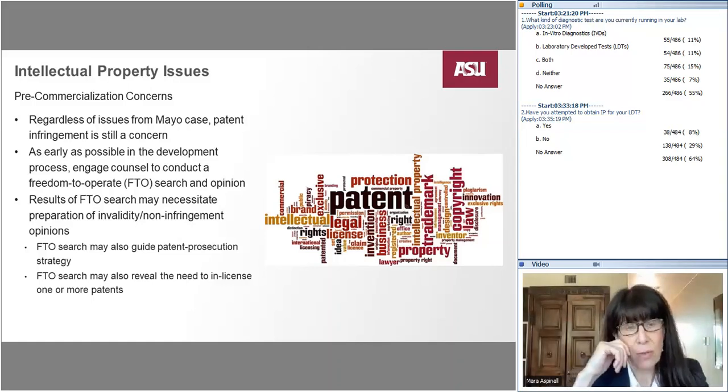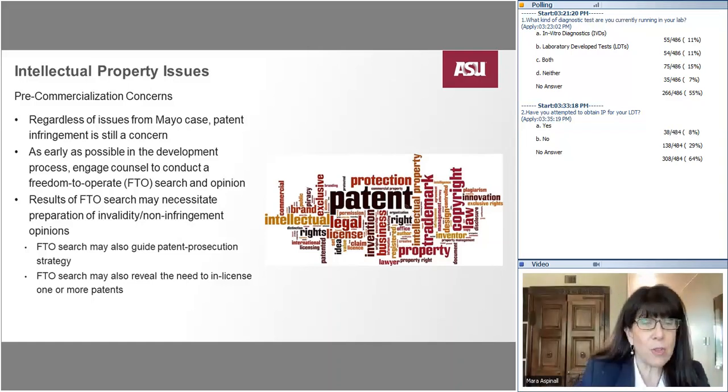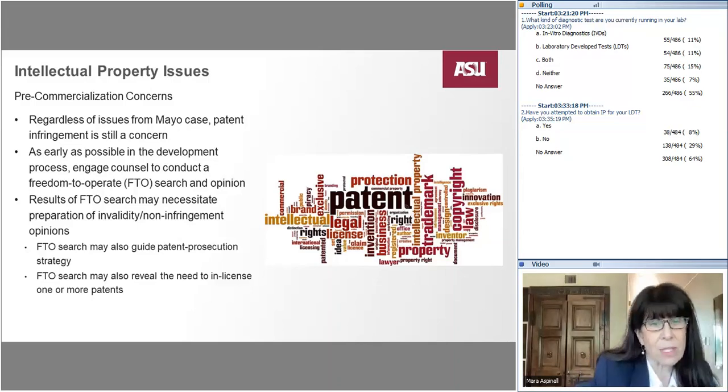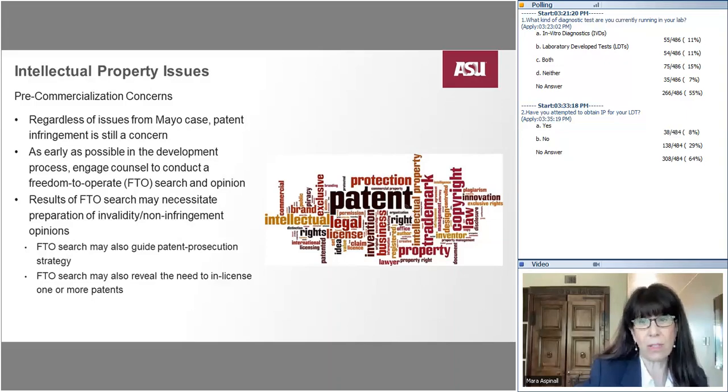But if you're starting this, part of your planning should be considering a freedom to operate opinion. Now this is not cheap to get. So some labs say, I'm not going to get it now, I'm going to wait till I get funding, I'm going to wait to know whether the test works, which is great. But it's important to at least consider this, particularly if you're taking this test out of an academic lab and creating an individual company focused on this.